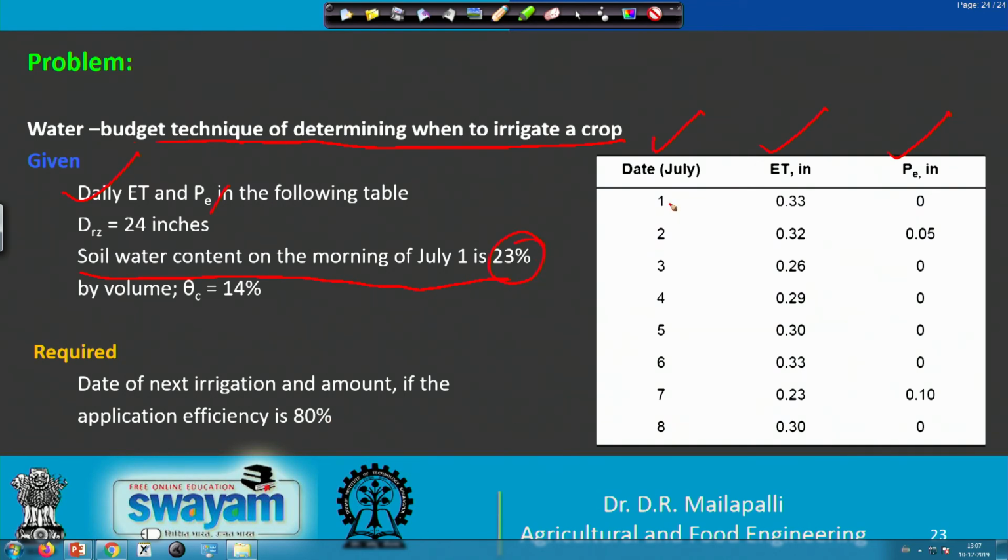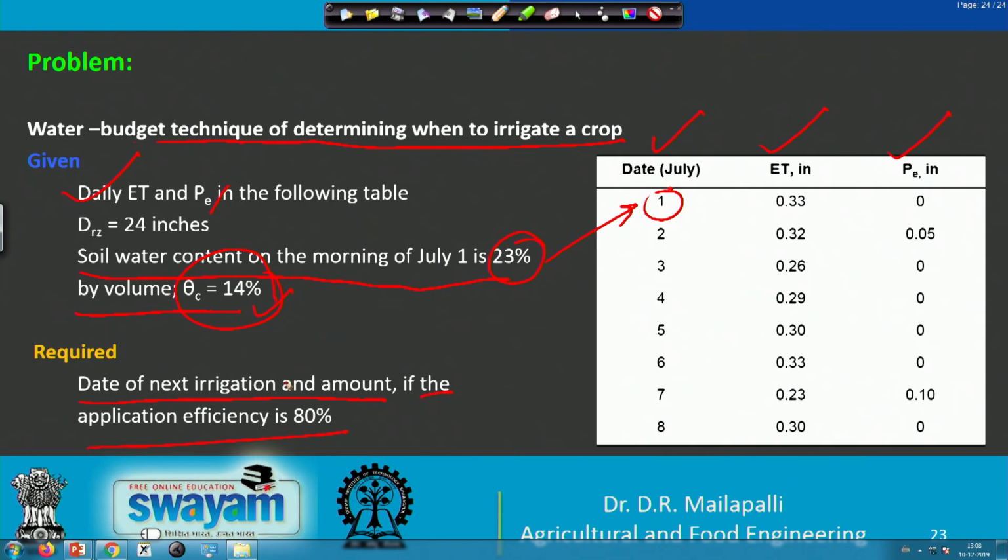On July 1st they determined the soil moisture, that is 23%, and the allowable depletion level is 14% on a volume basis. What you have to find out is the date of the next irrigation and the amount, if the application efficiency is 80%.